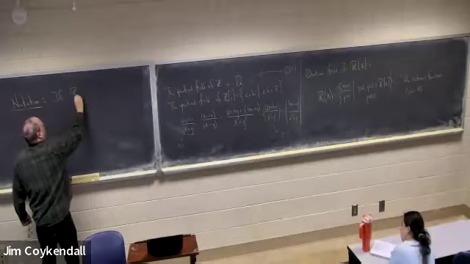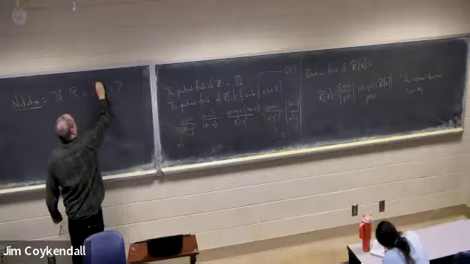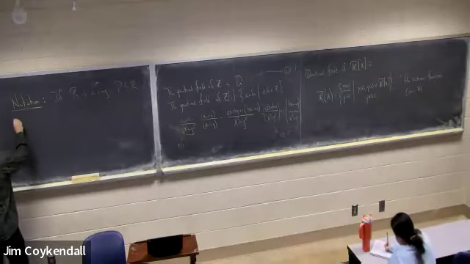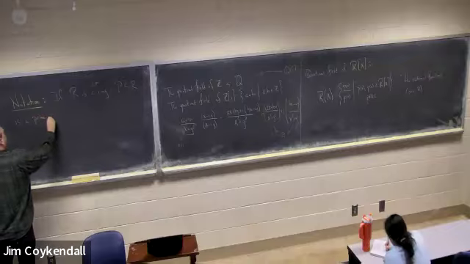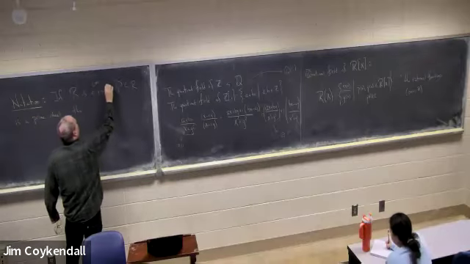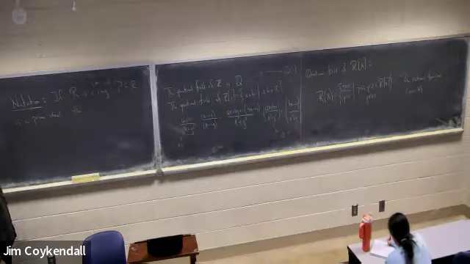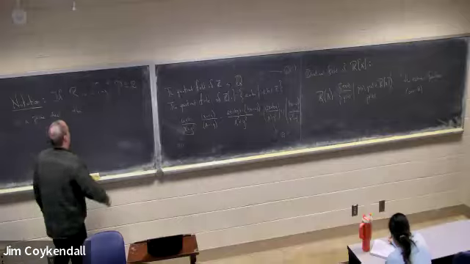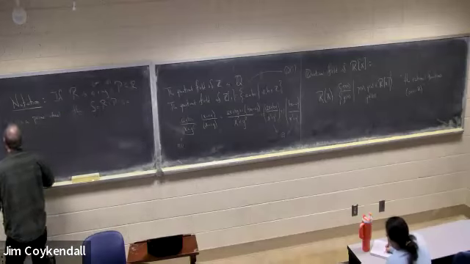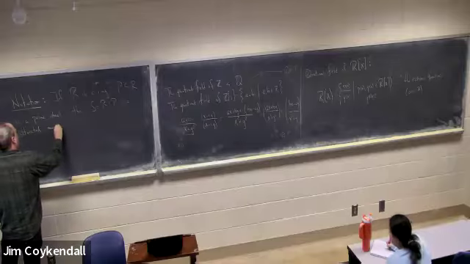If R is a commutative ring and P in R is a prime ideal, then S is a saturated multiplicatively closed set.